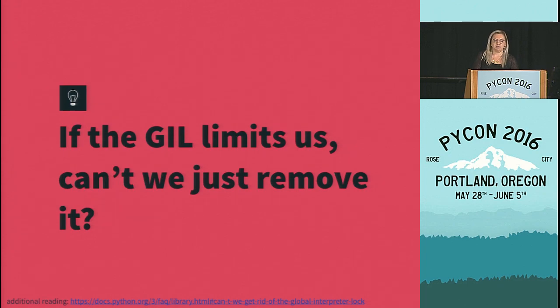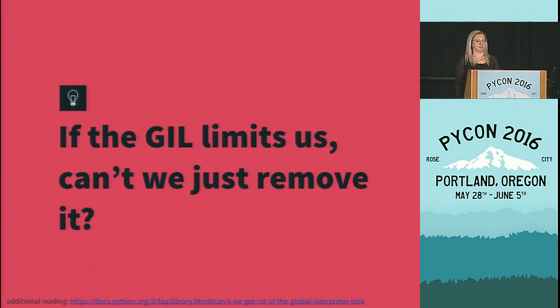So if the GIL limits us in this way, can't we just remove it? Well, the GIL is a bag of snakes. It's caused a lot of infighting in the Python community, as you may or may not be aware. In an early version of Python, about 1.5, a patch was submitted that removed the GIL. And spoiler alert, it didn't really go well. It sped up multi-threaded applications, and that's a good thing, right?